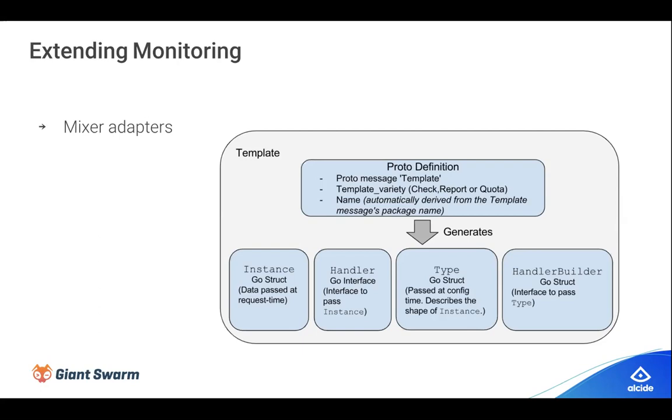A good hint here is that before, Mixer came with the adapters built in the same binary. This has been changed. Now it's out of the tree, as they call it. So you can run adapters outside the Mixer component, and they can be integrated with the component.